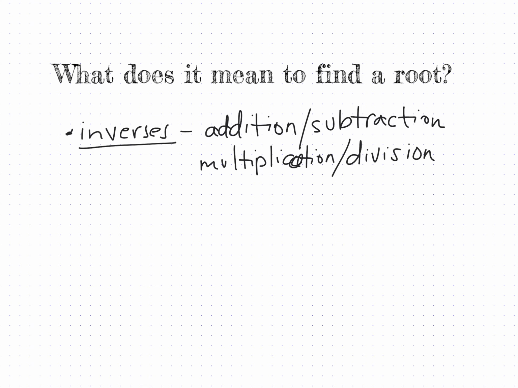Well, now that we're upgrading our skill set a little bit more, what we should know is that powers, in other words, the exponents like squares and cubes that we just saw a moment ago, powers and roots are inverses. So if you had to undo an exponent or a power, you would end up using a root to help you do that. So that's what it means to find a root.